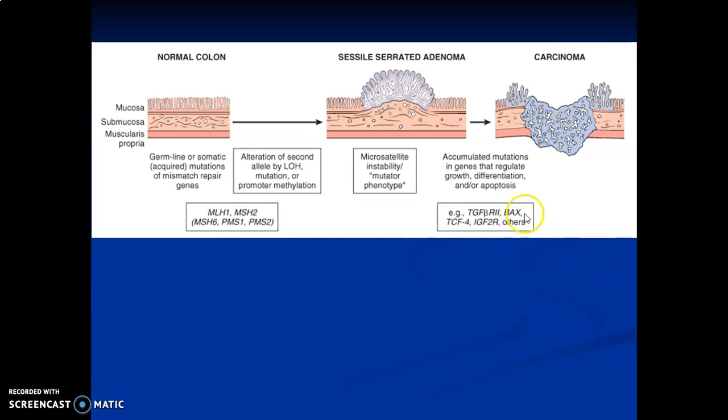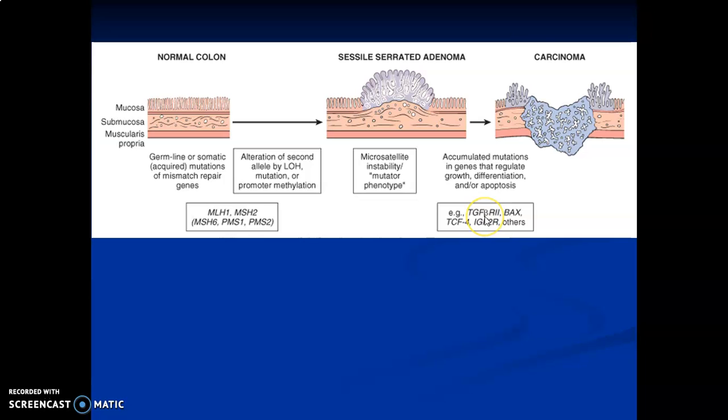The BAX gene normally causes apoptosis, but a defect in it will result in loss of apoptosis and dysregulated growth, so leading to carcinomas.